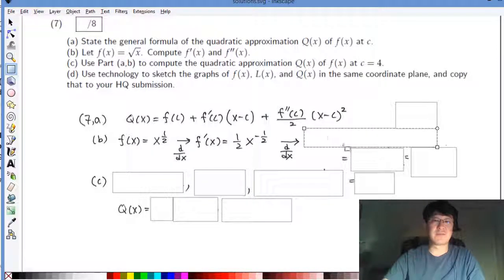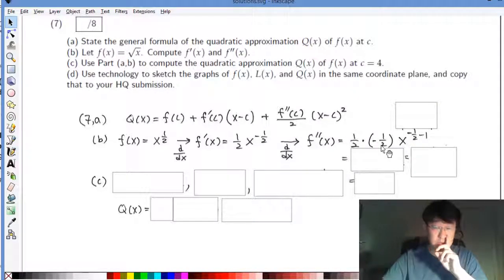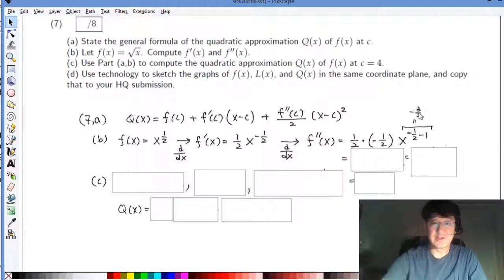So let's differentiate that. This is a constant multiple 1/2. We're differentiating this one, so you can see negative 1/2 comes down, and then you have to subtract 1 from the exponent. So that's the first level. If you simplify that, you can see that's negative 3 over 2, so that's x to the negative 3 over 2. That together is negative 1/4.